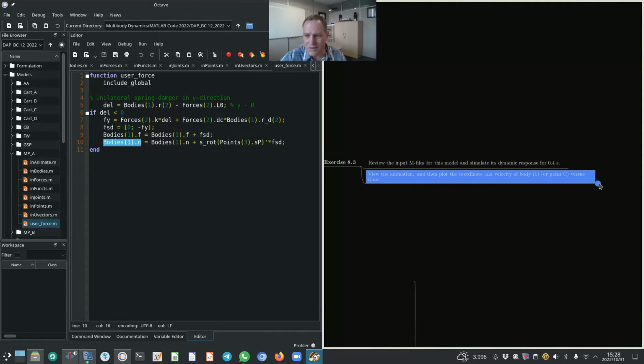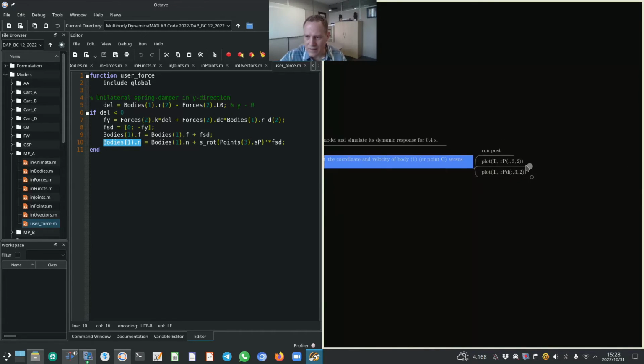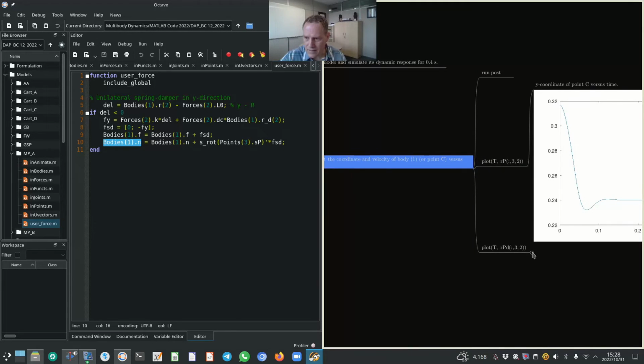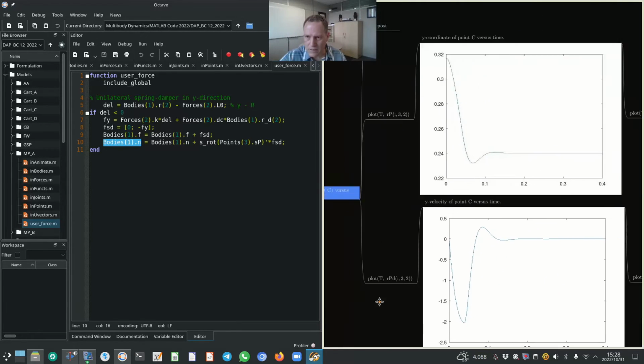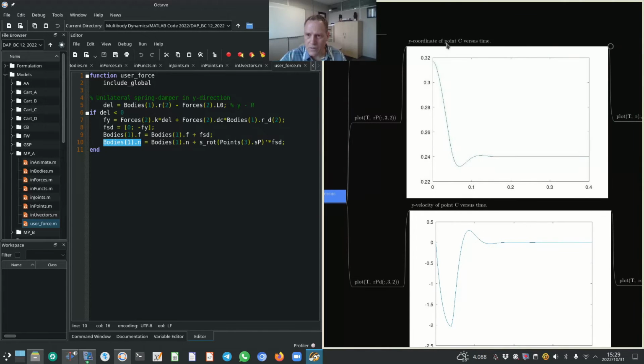the end result of exercise 8.3 was to plot the coordinate and velocity of body 1 versus time, or alternatively the y coordinate and y velocity of point C versus time. Okay, and this is what these two plots look like. The y coordinate of point C starts at just less than 0.32 and stabilizes at around 0.24 meters.